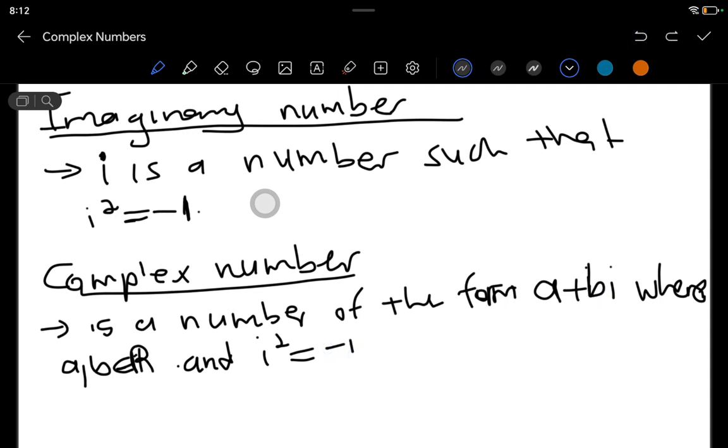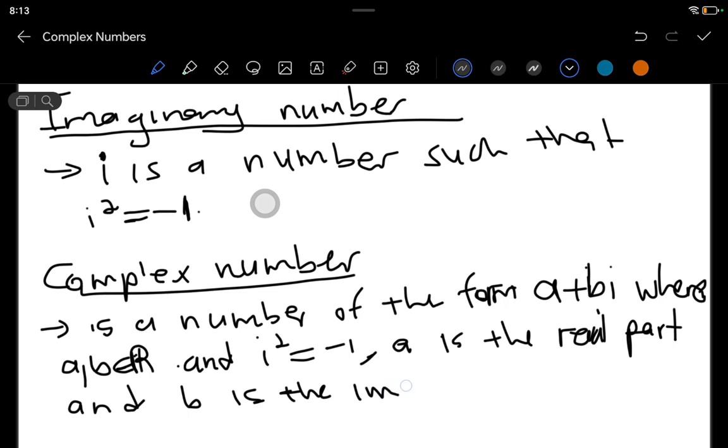Now, since we know that a and b are taken from real numbers, a is called the real part, and b is the imaginary part.